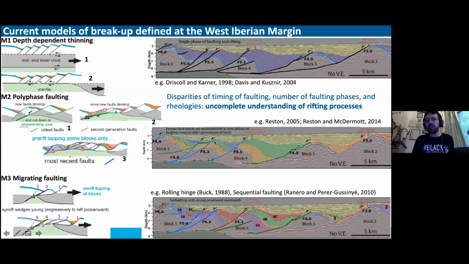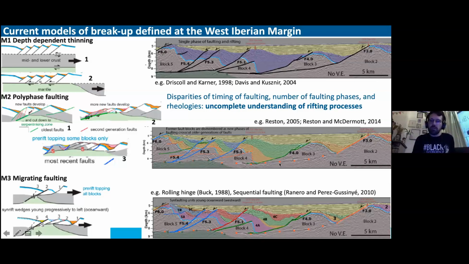The polyphase faulting involves several phases of faulting that overlap, resulting in complex wedges of superimposed syn-rifts, but that get younger generally toward the ocean. And the third model results in sediments that get systematically younger in each half graben as the faulting migrates in the hanging wall of the previous fault.